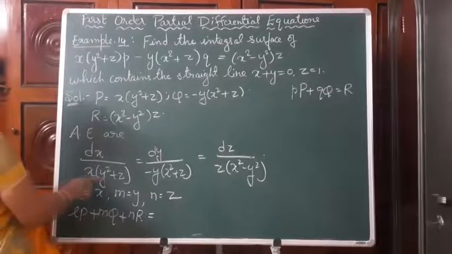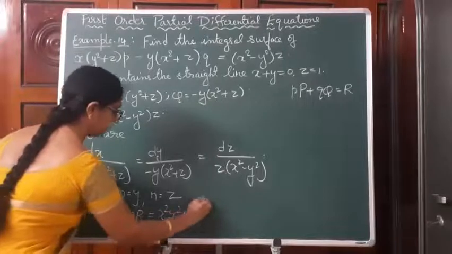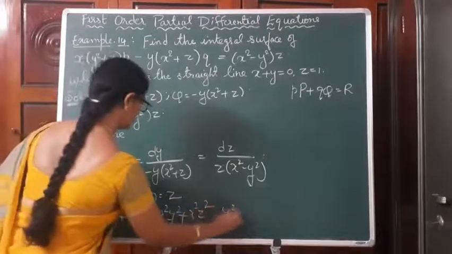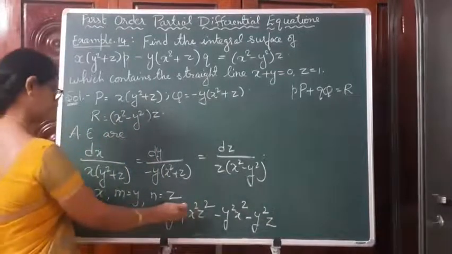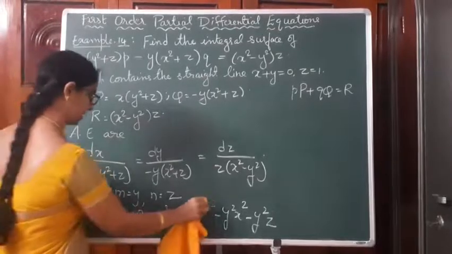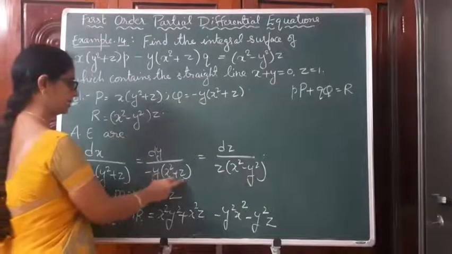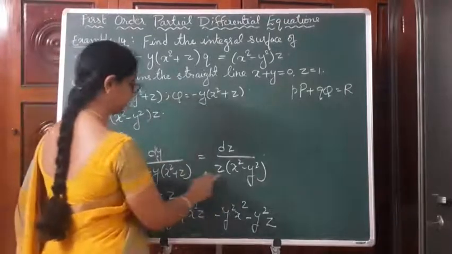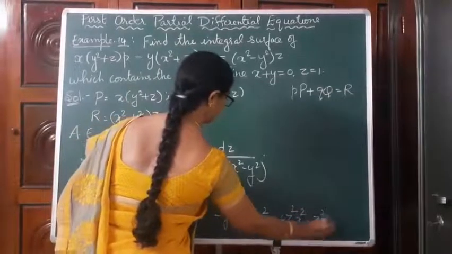L into P, that is x square y square plus x square z, and M into Q gives minus y square x square minus y square z. And NR is z into R, that is z square x square minus z square y square.